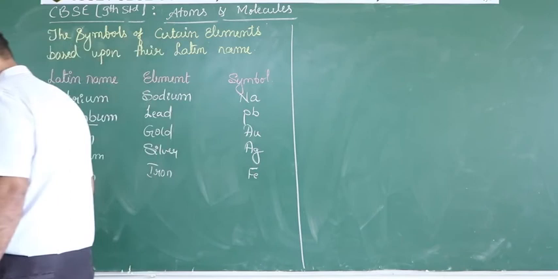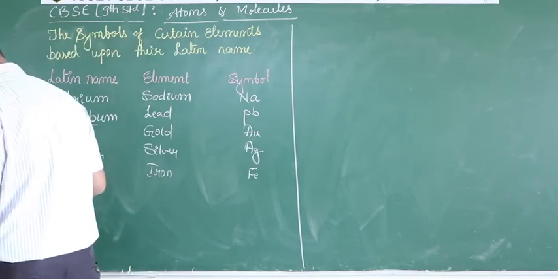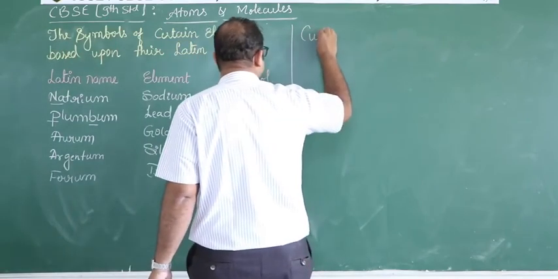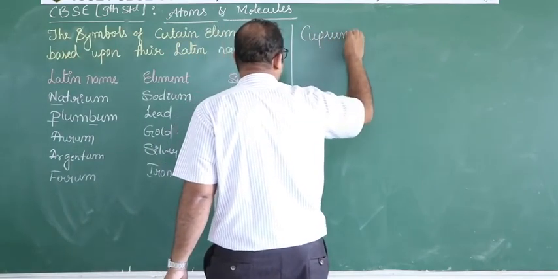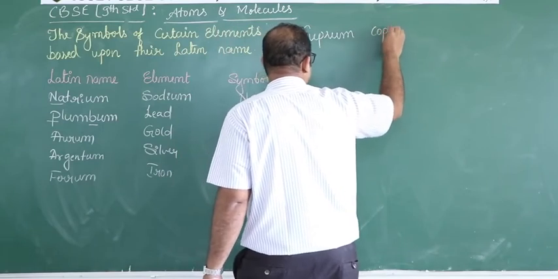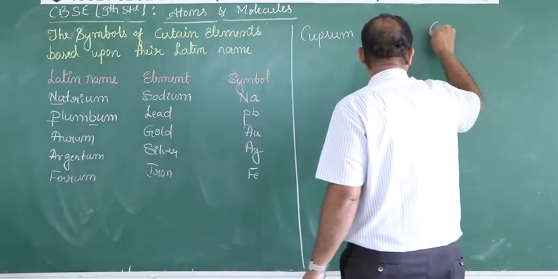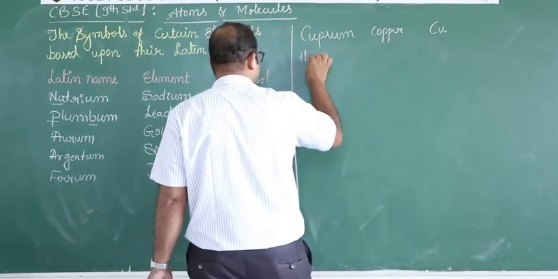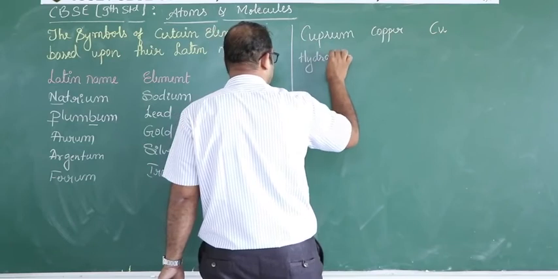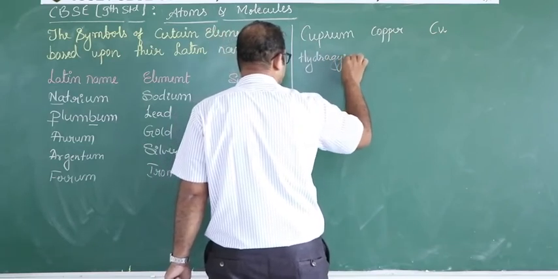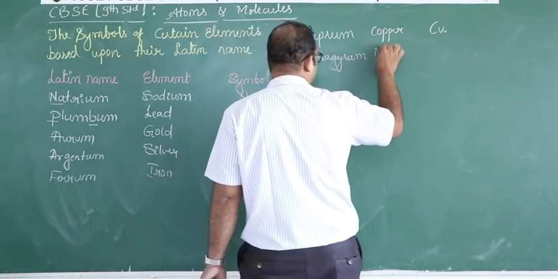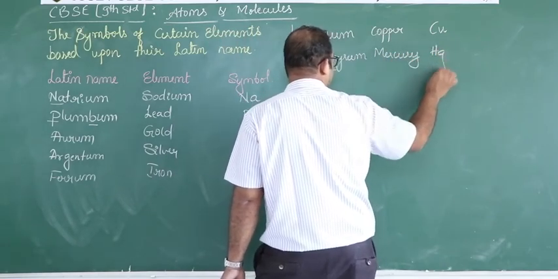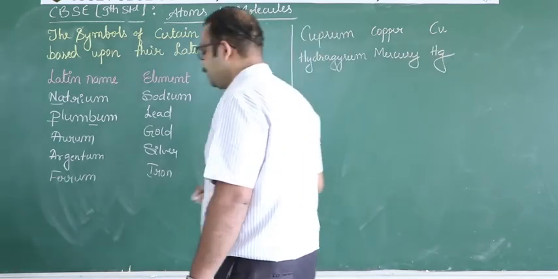Then cuprum, it is copper. Symbol is Cu. Then the next one, hydrargyrum, it's mercury. Hg.